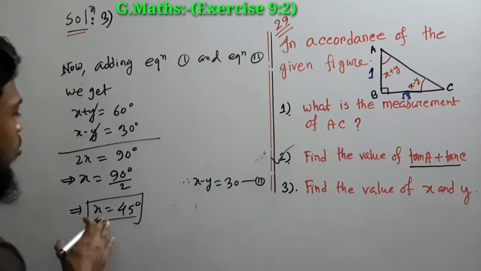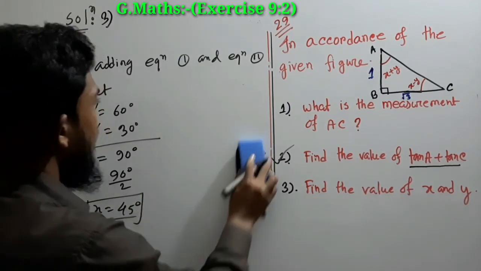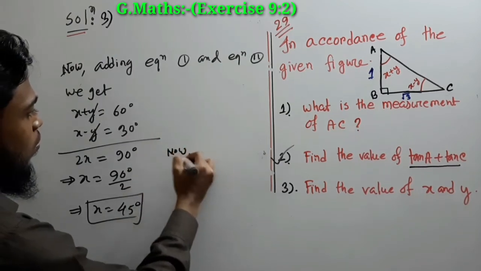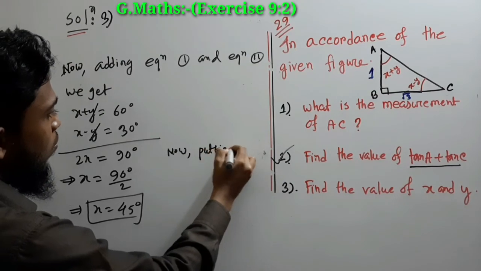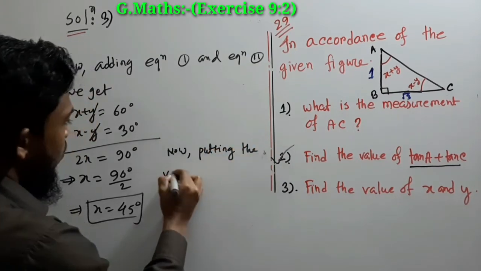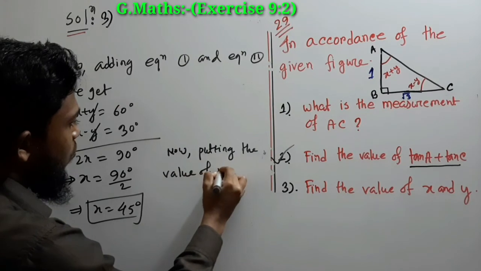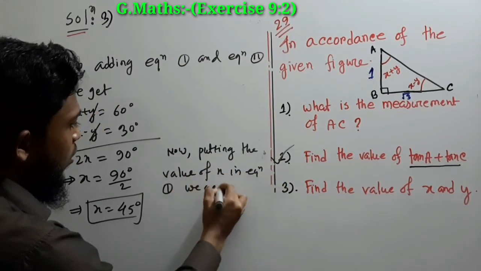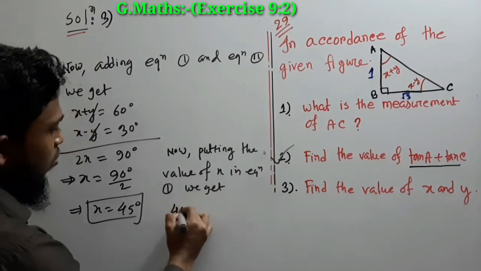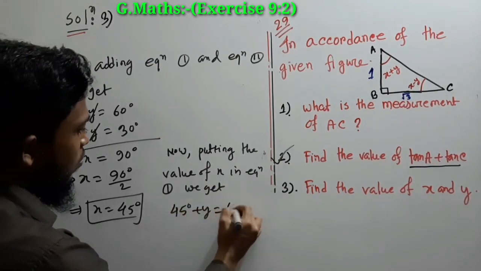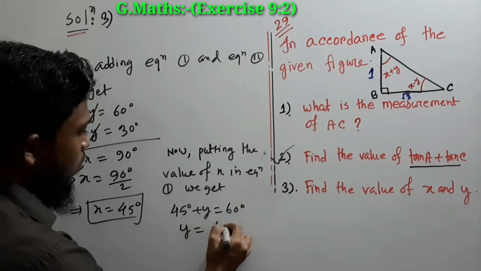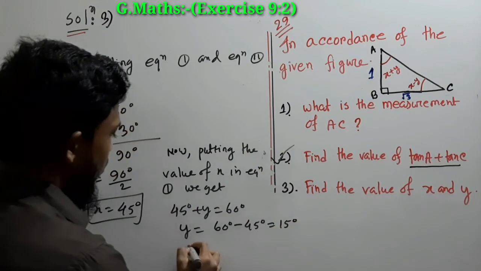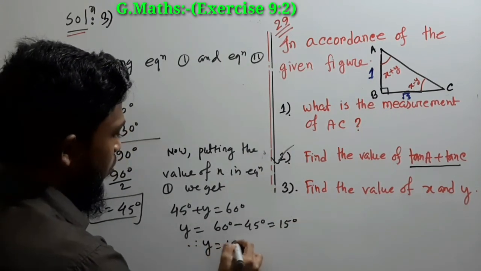Now putting the value of x in equation 1, we get 45 degree plus y equal to 60 degree. So y is equal to 60 degree minus 45 degree. This equal to 15 degree. So y is equal to 15 degree.